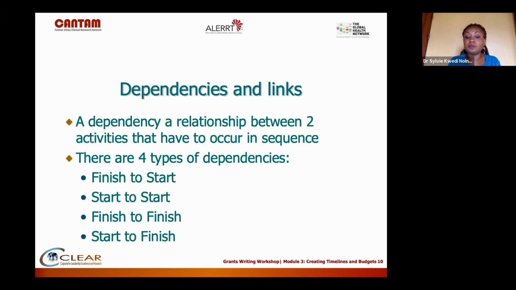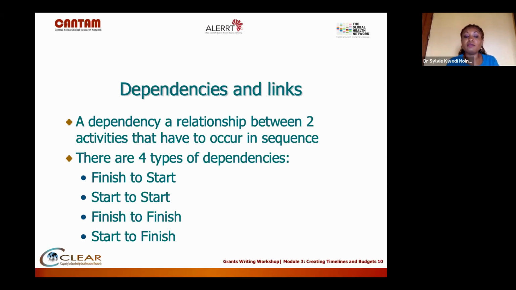You cannot start enrolling participants, meaning recruiting participants or administering consent to your participants, until you have completed ethical clearance or ethical review. So that's a finish to start relationship that you have to take into consideration.